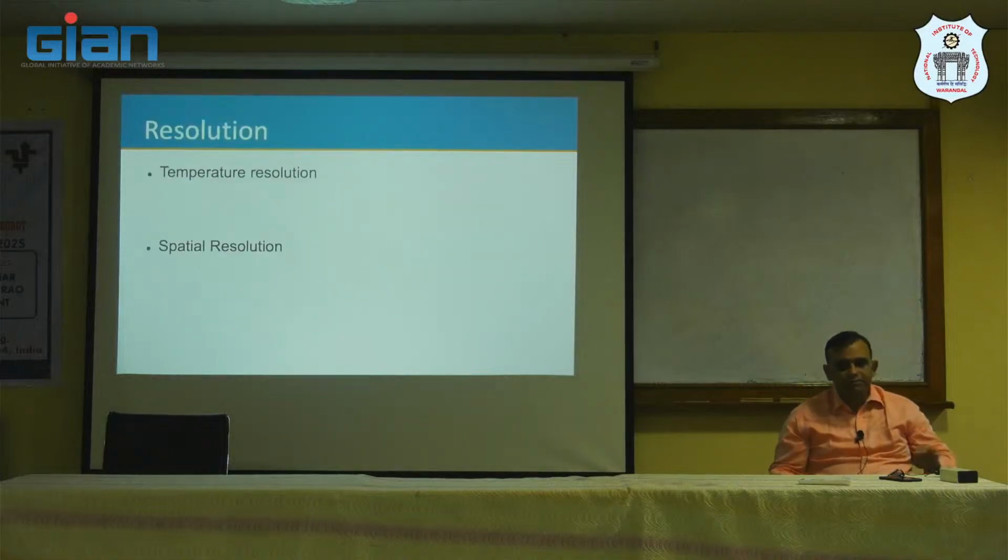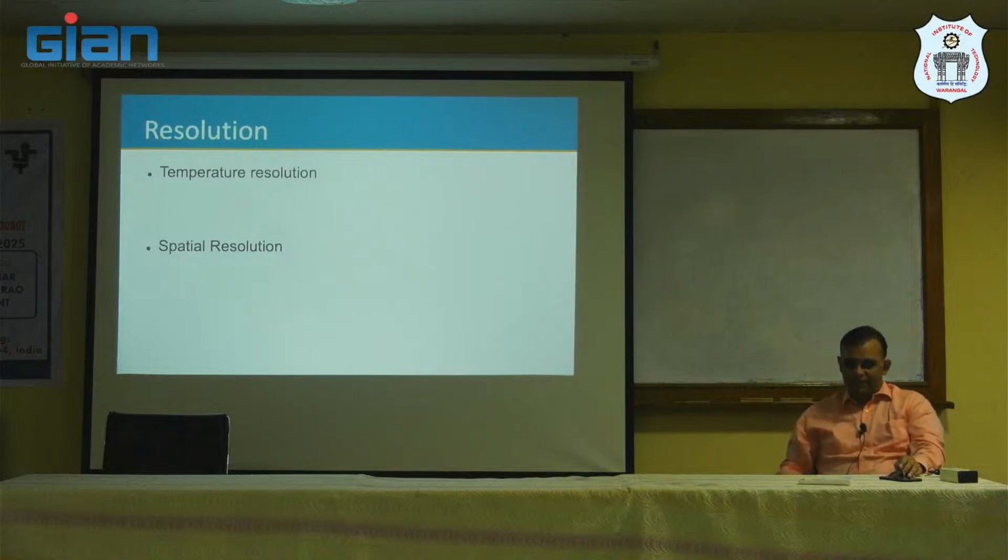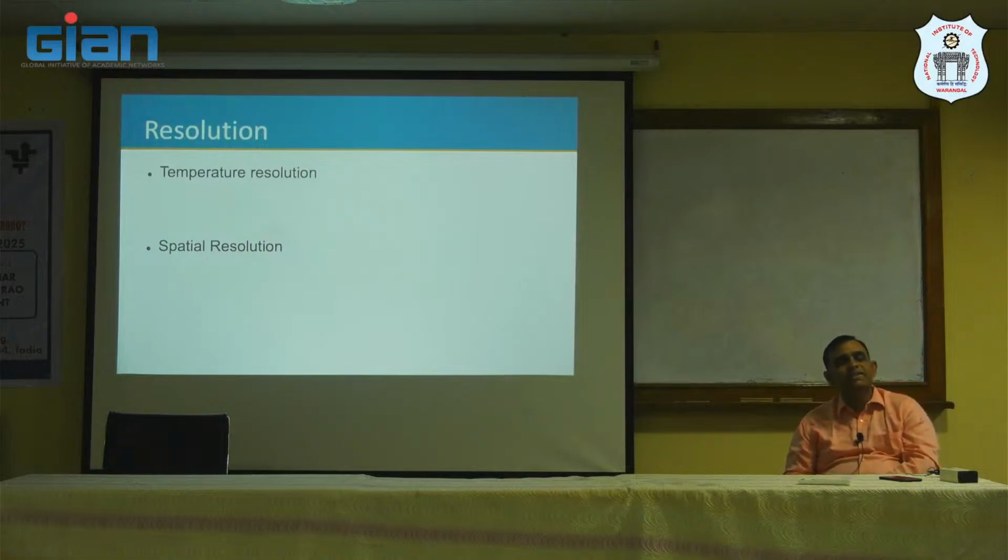Okay? So let's start looking at the type of devices which are made here and what is required. Yesterday we talked about resolution. For these sensors there are two things which are of interest to us. One is the temperature resolution. If my temperature is changing by X, what's my signal changing? That's fair enough.